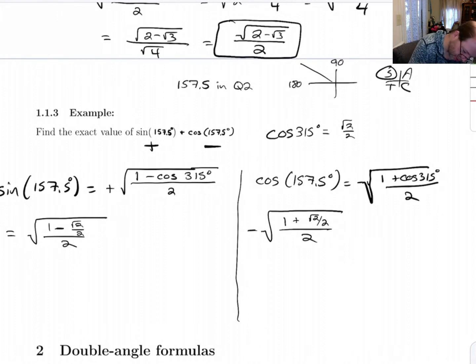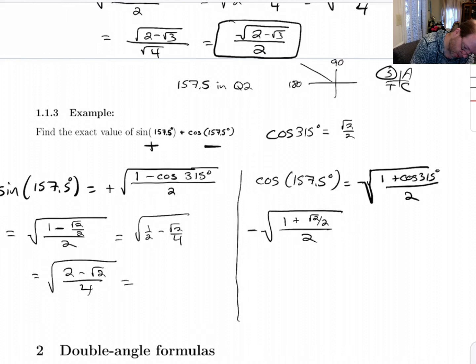If I move that 2 up top, it gives me 1/2 minus root 2 over 4, which is 2 minus root 2 over 4. So I can bring that 4 out front, and it becomes a 1/2 root 2 minus root 2.